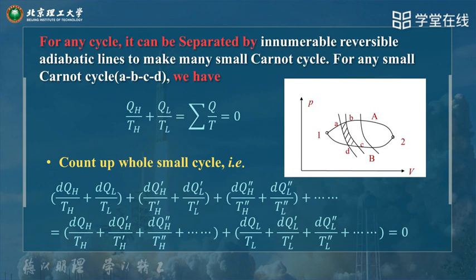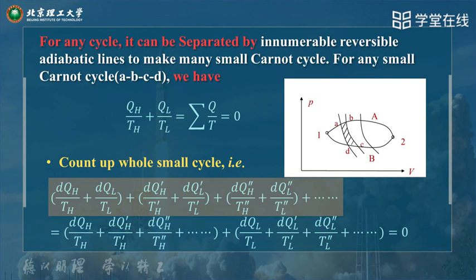Adding up all the small cycles, we can obtain this very long equation. The first term, dQH over TH plus dQL over TL, is the first small Carnot cycle.